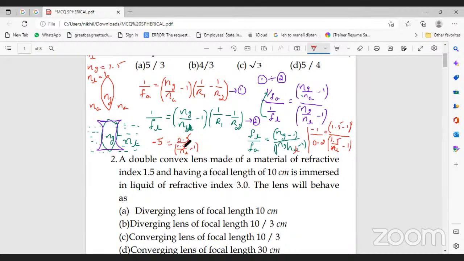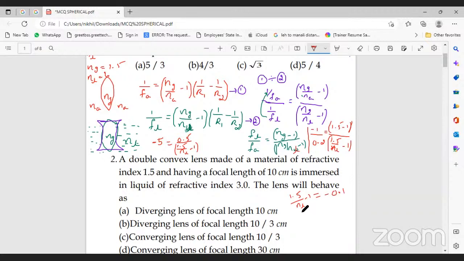Now, can I take this 1.5 by NL minus 1 to the LHS? Yes, sir. So it will become 1.5 by NL minus 1. If I shift minus 5 to the denominator of RHS, it will become minus 0.5 by 5, that is 0.1, no? Yes, sir.